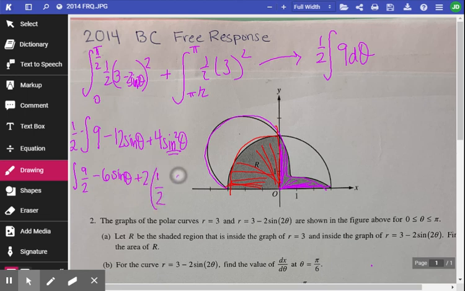I know that this is going to be cosine 2 theta over 2. And again, I always have to go look up, like Google, power reducing identities, or I have it written in my notes, but I don't right now. So sine squared reduces to 1 minus cosine 2 theta over 2. Okay, so let's take that.